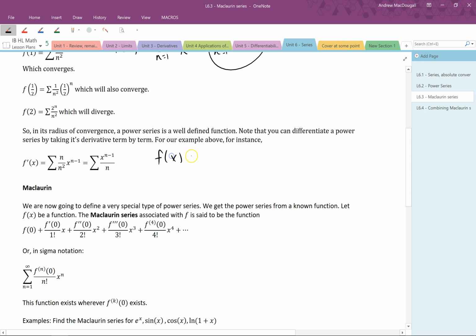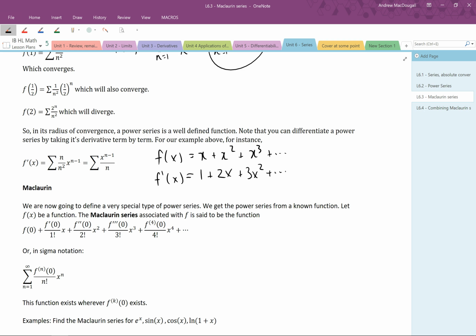If f of x is x plus x squared plus x cubed, and so on, where it's on its interval of convergence, its derivative is the term by term derivative. That's pretty cool. I can just differentiate each term. I get another power series that is its derivative, but this only holds on the interval of convergence of the original series.